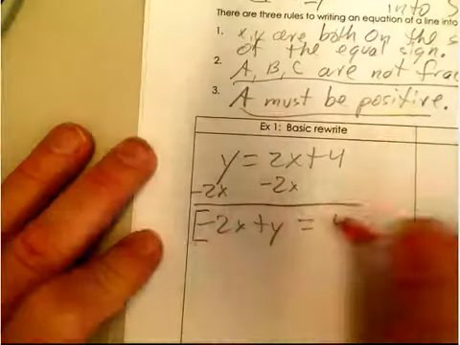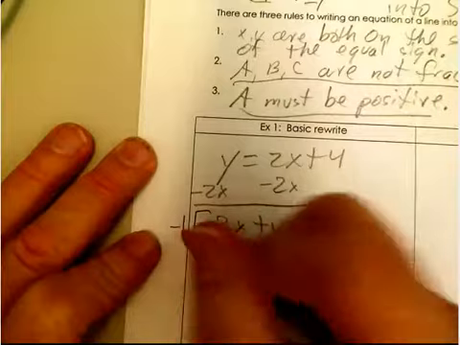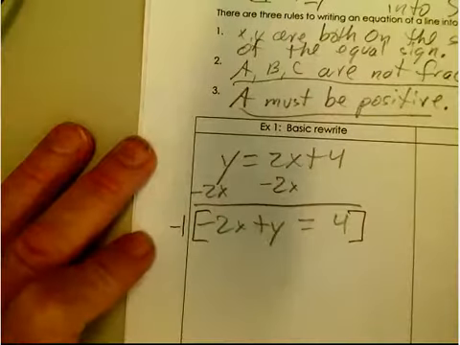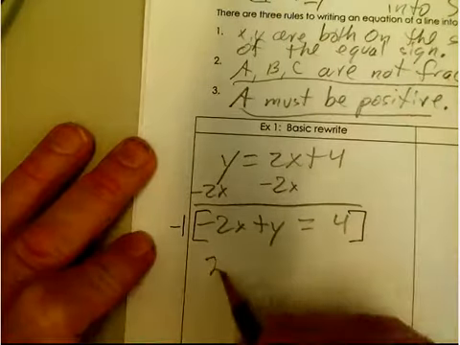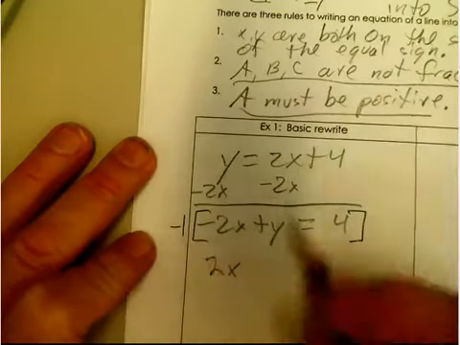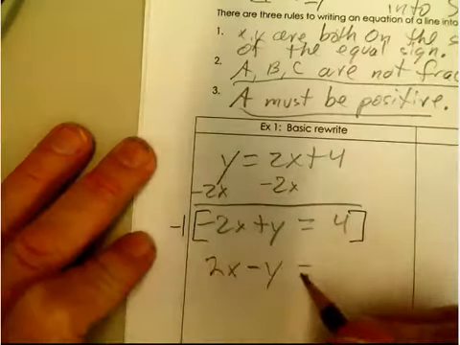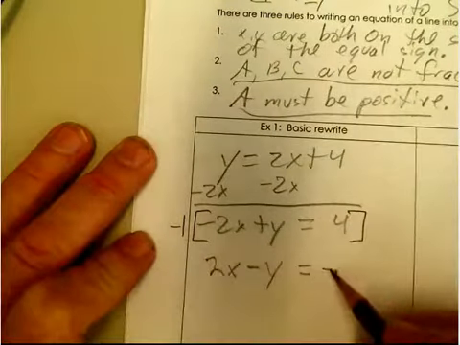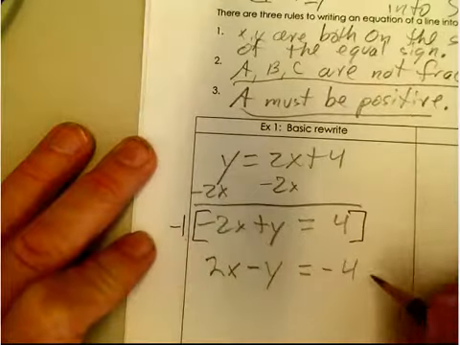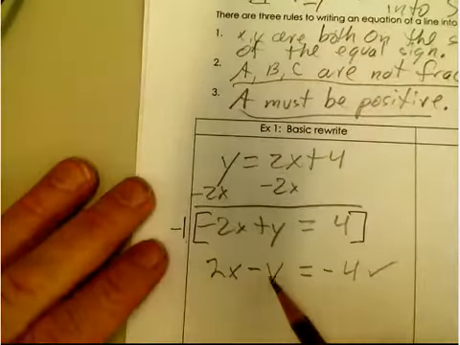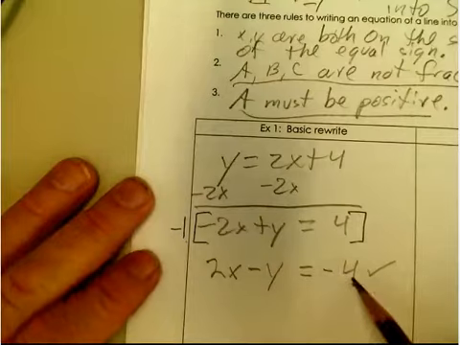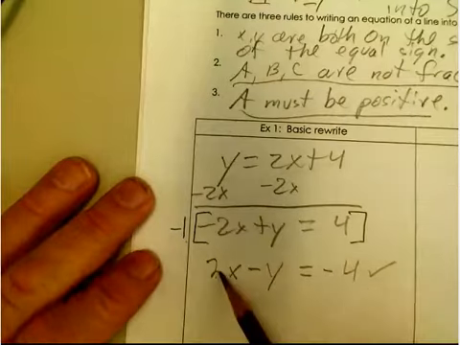So I am going to multiply the whole equation by negative 1. Negative 1 times 2x is positive 2x. Negative 1 times y is negative y. And negative 1 times 4 is negative 4. And that is a standard form equation.